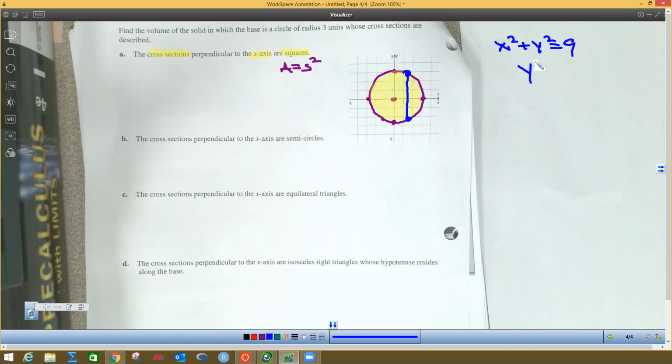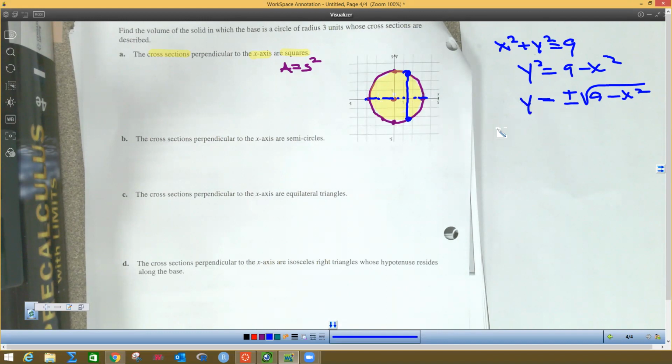So y squared would equal 9 minus x squared. So y would equal a positive and negative radical 9 minus x squared for this circle. Well, the top part's the positive. So if I took the diameter across here and did the top part, that's the positive part. And the part coming across the bottom is this negative part because it's below the x-axis, that's where y is negative.